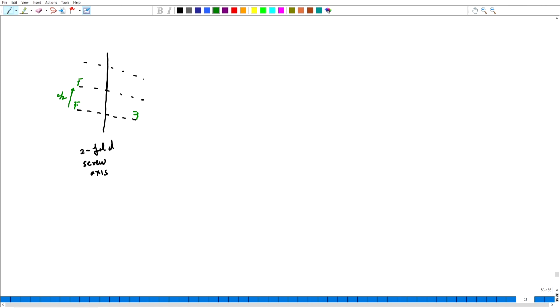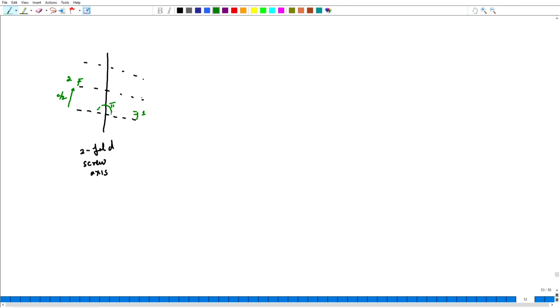So, I should not leave it here, so I will remove it. So, basically, 180-degree rotation and then go up parallel to the axis to position 2.